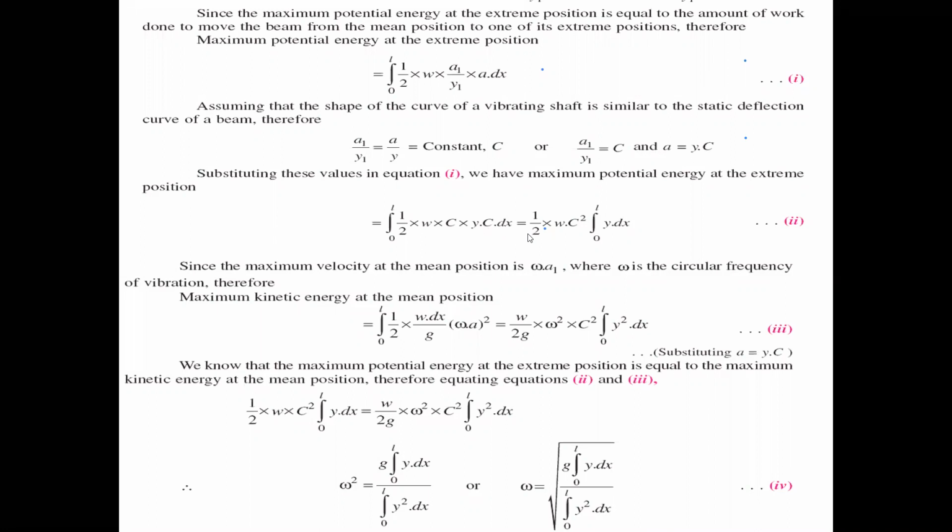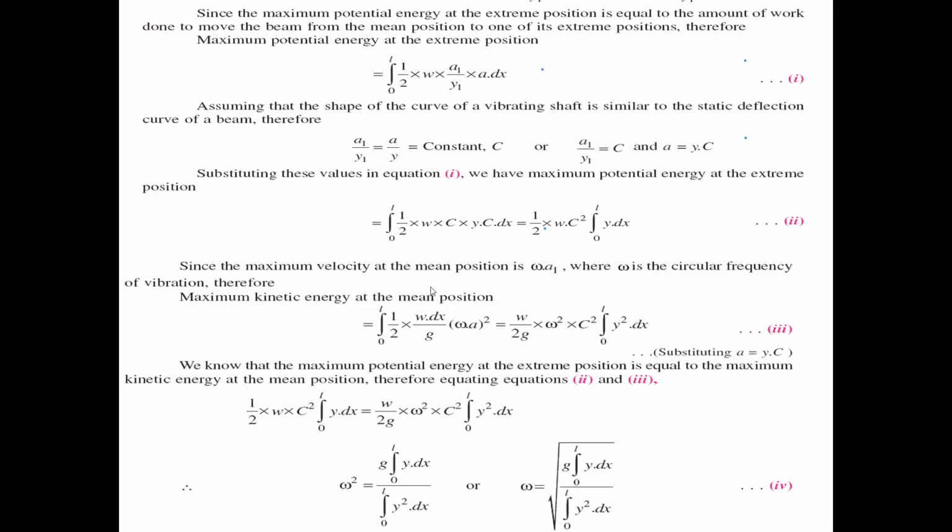Now the equation changes to 1 by 2 into W into C square into y dx, that is the integration of 0 to L. Now this equation is considered as equation number 2.